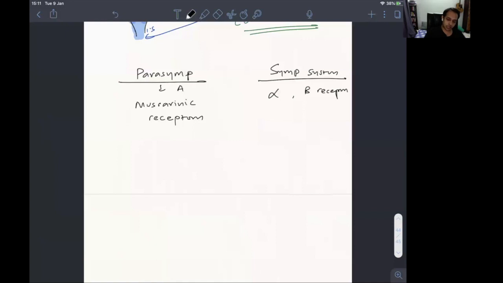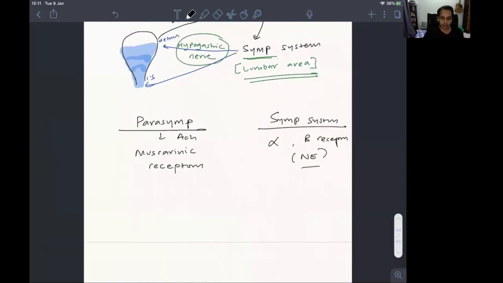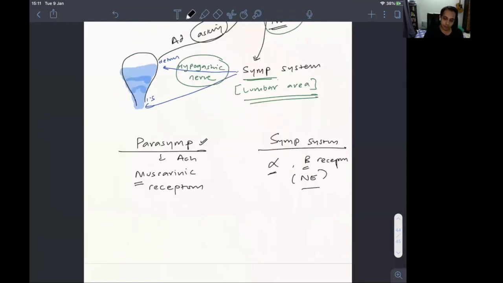So this is via acetylcholine and this is via norepinephrine. So now you can imagine that there must be some muscarinic receptors in the bladder to carry out the parasympathetic commands, and there must be some alpha and beta receptors in the bladder to carry out the sympathetic commands. So where are they?